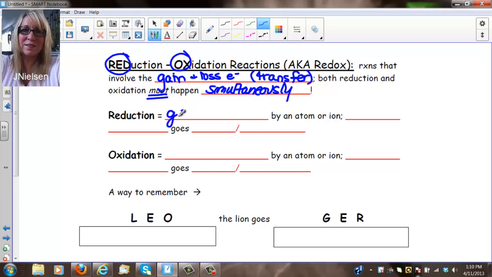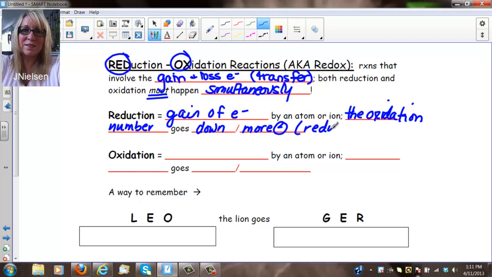Reduction is a gain of electrons by an atom or ion, which means that the oxidation number goes down or becomes more negative, and this is called, it reduces.